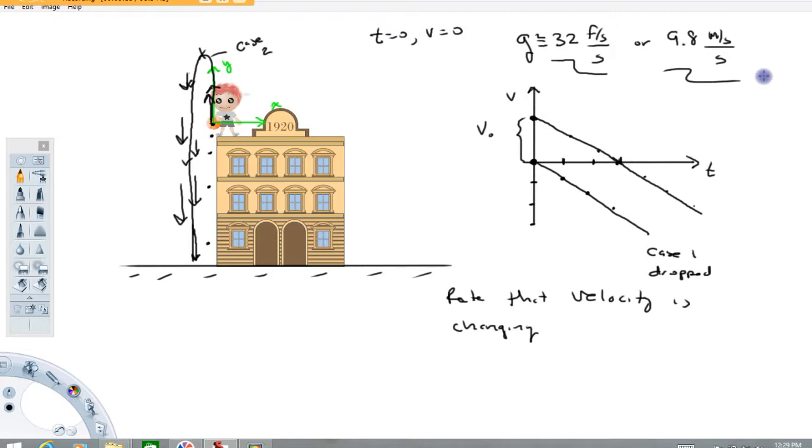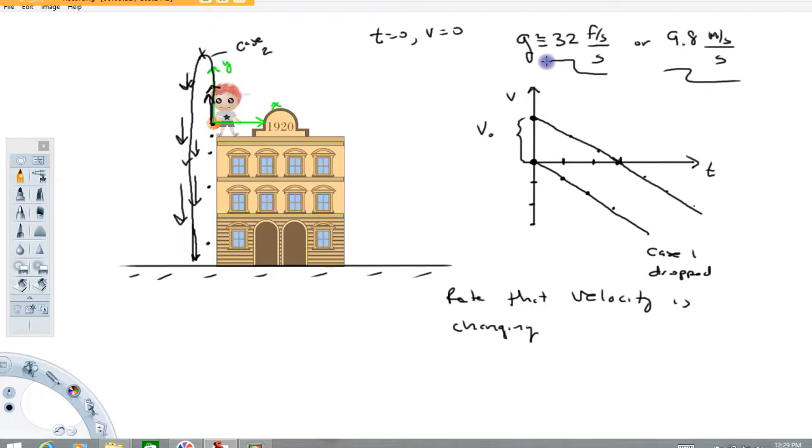Lighter objects, like maybe something like a beach ball, won't experience an acceleration like this, because for a beach ball, air drag is a much more important force at low speeds. So a beach ball's acceleration when you drop it probably isn't going to be 32 feet per second squared. It's going to be something significantly less.